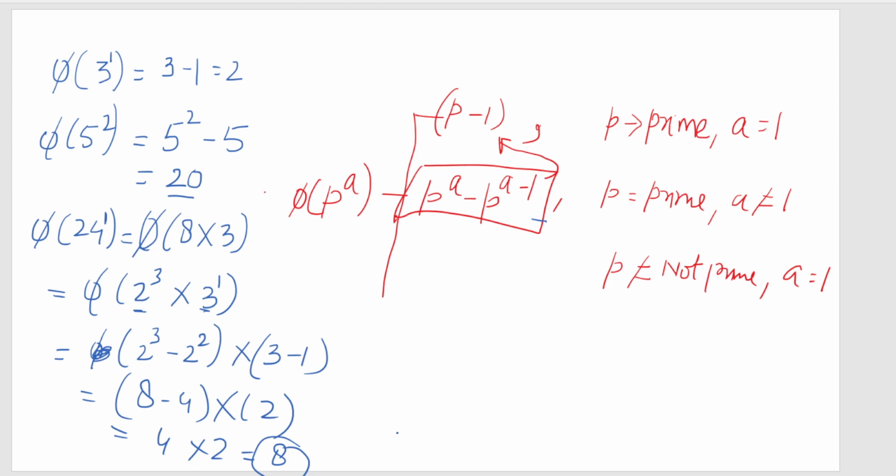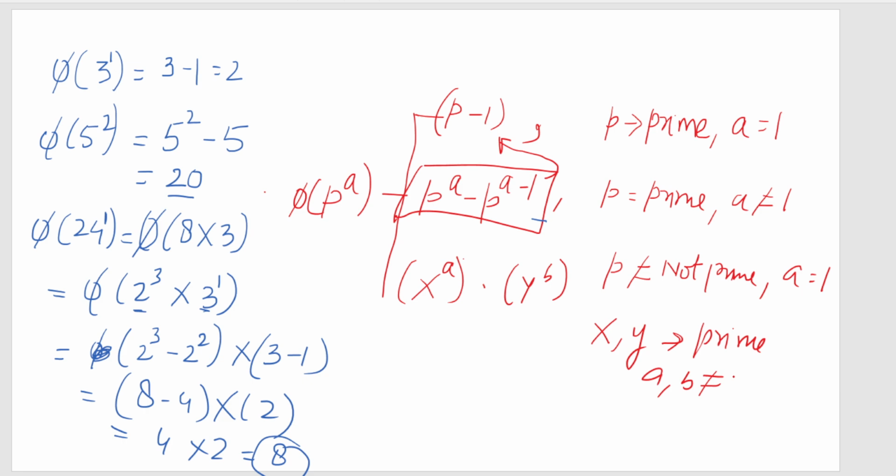Okay, so the general formula for this one will be, you have to divide it into two prime numbers, x to the power a multiplied by y to the power b, where x and y both should be prime, and a and b may be equal to 1 or 2, or not equal to 1 or 2.